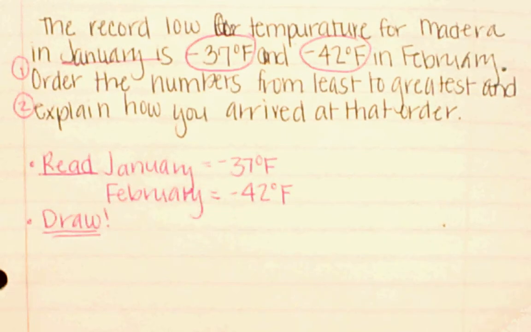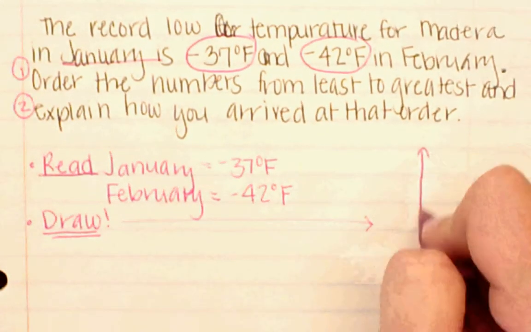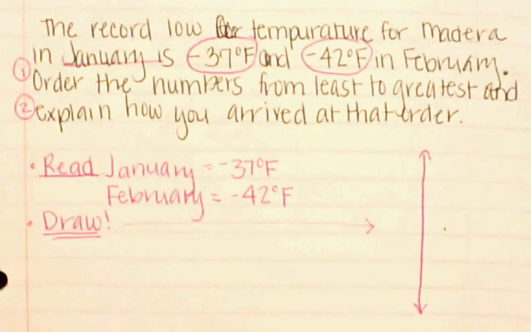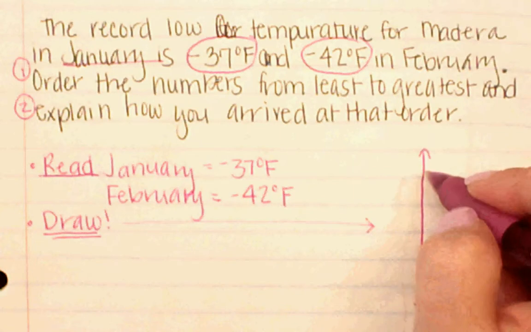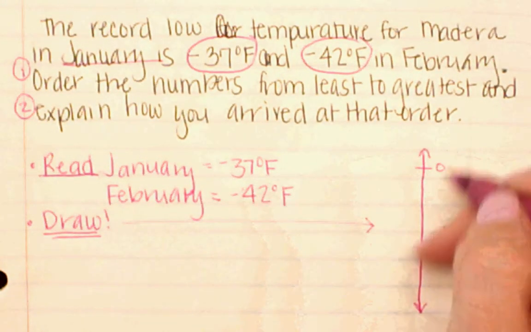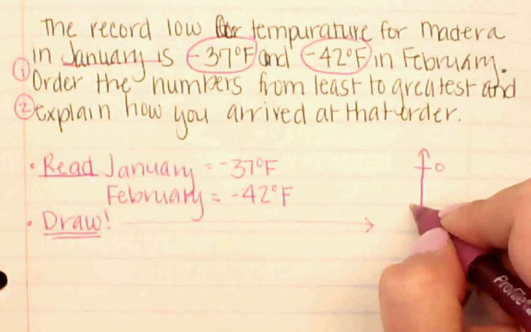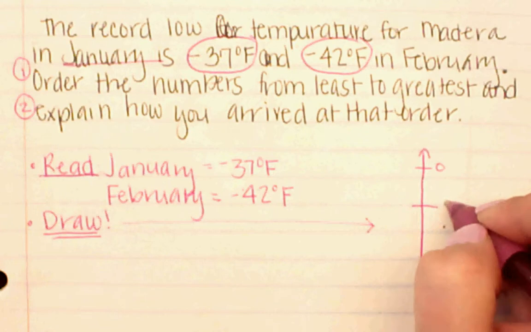Okay, so we're dealing with temperature, so we're going to do a vertical number line. And we're going to start with 0 up here because we're dealing with negative numbers. I don't need anything above 0, and I'm going to go by, let's go by 5s. Or let's go by 10.